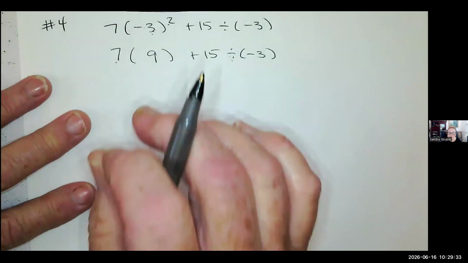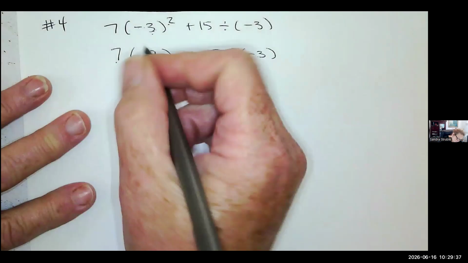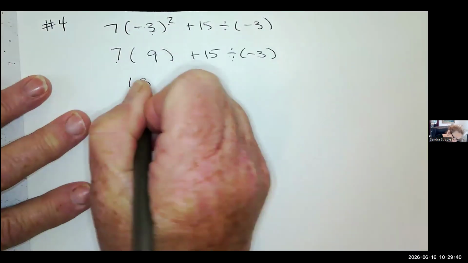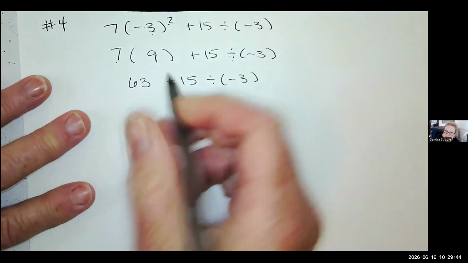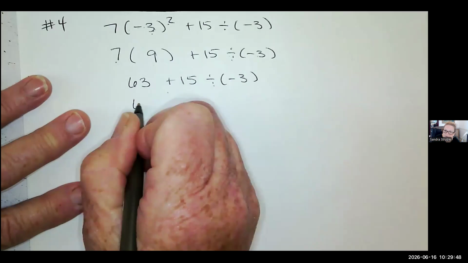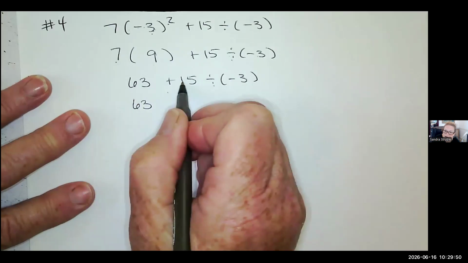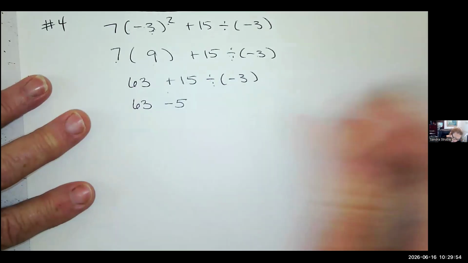And left to right, we've got 7 times 9, which is 63. Now we have addition and division. Division comes before addition. So I'm just going to bring down the 63. 15, positive 15 divided by -3 is -5. And the last thing is 63 minus 5, which is 58.